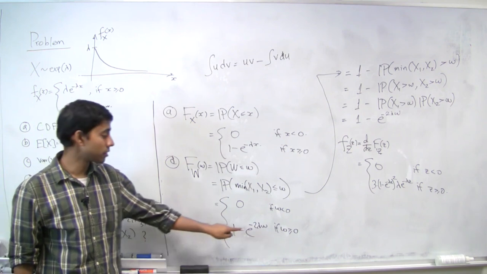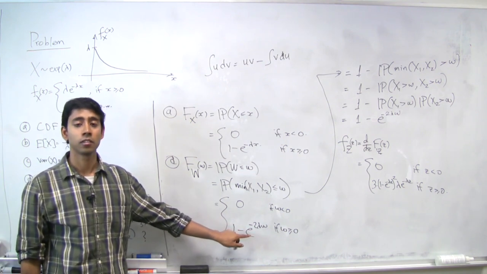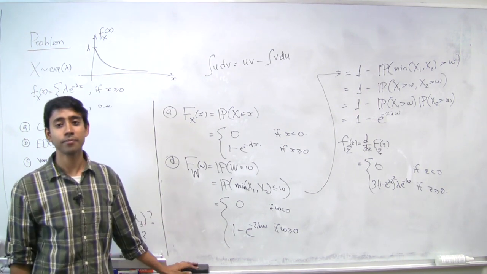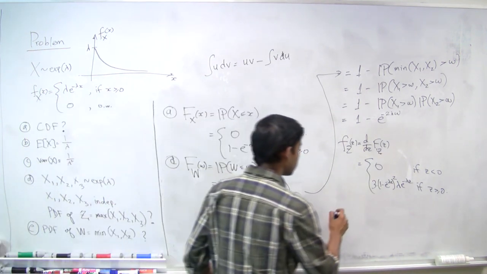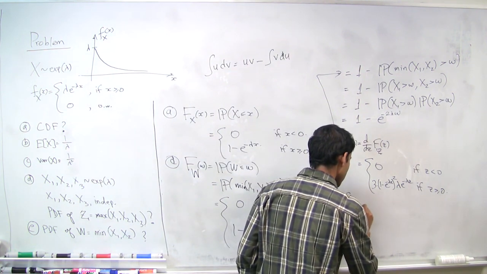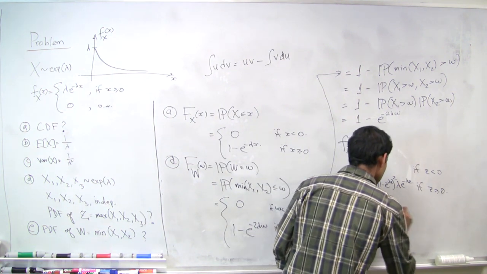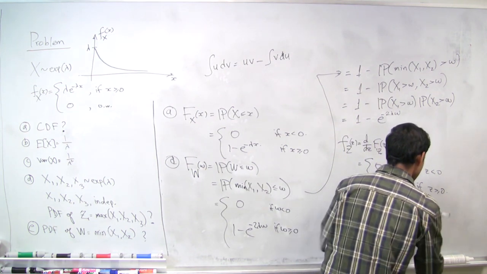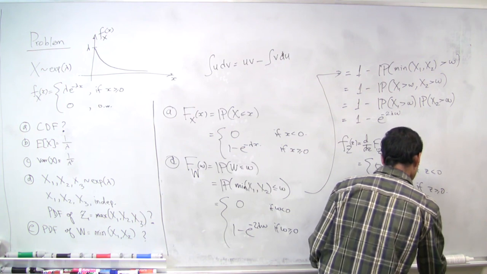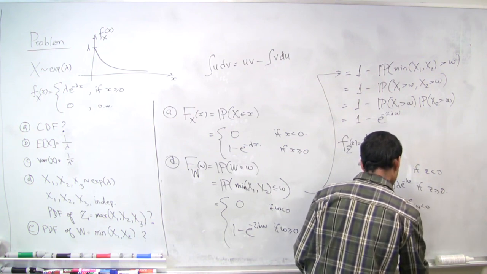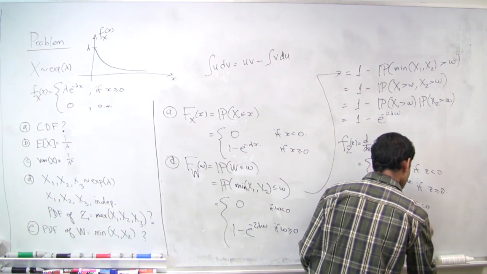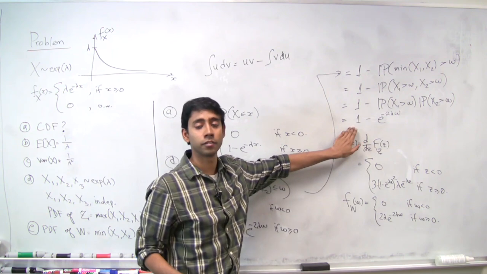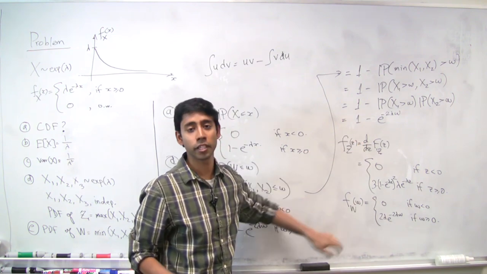The only difference is this has a 2 lambda in there. That means that w is an exponential random variable with rate 2 lambda. So then the PDF is just going to be whatever it is for an exponential, except with rate 2 lambda. And you can also take the derivative of this and find that you get this.